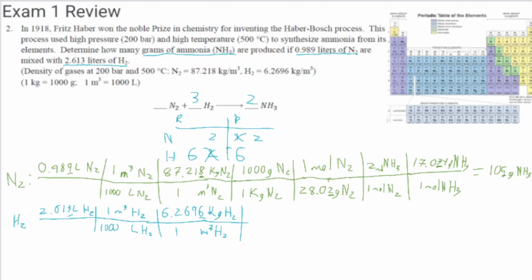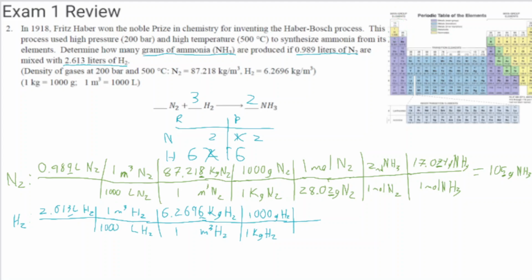Now we need to go from kilograms to grams. So let's say for every 1 kilogram of hydrogen gas, or H2, that is 1,000 grams of H2, or hydrogen gas. Then we can look at our periodic table, and we already did this once earlier, but looking over in the top left corner, we have this 1.008.